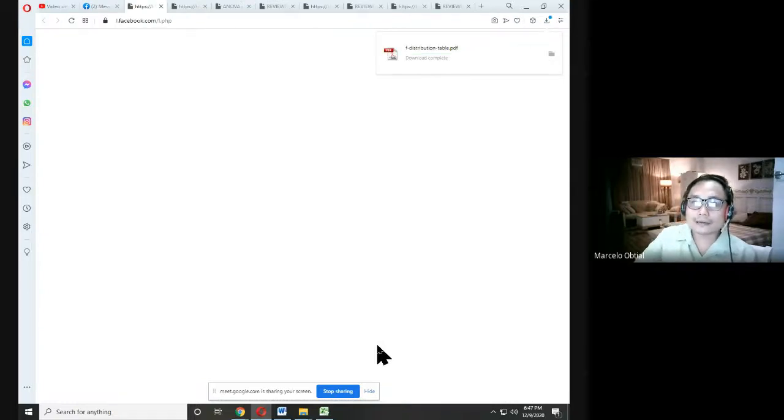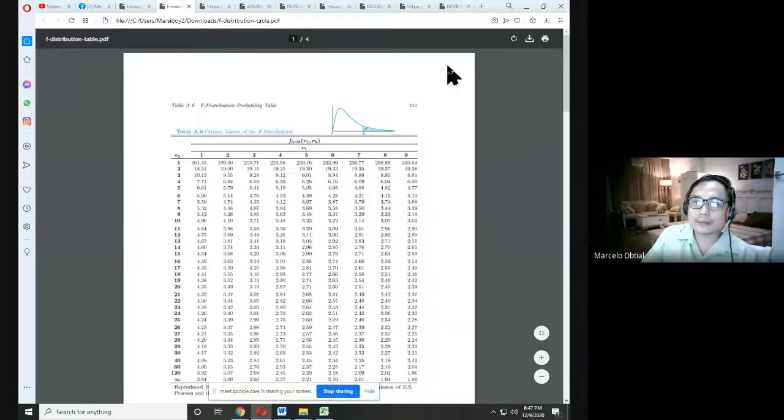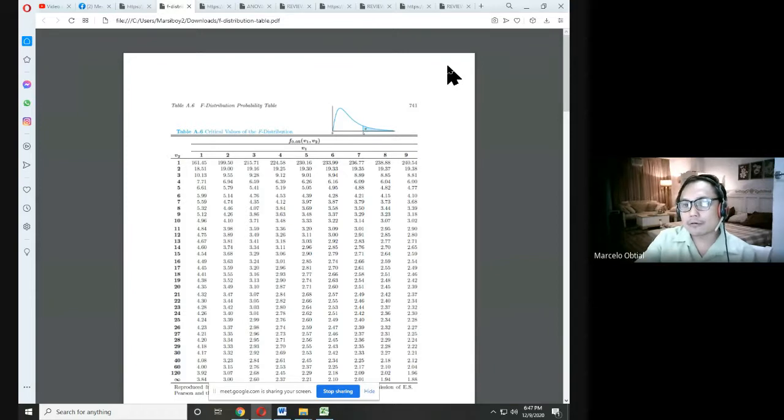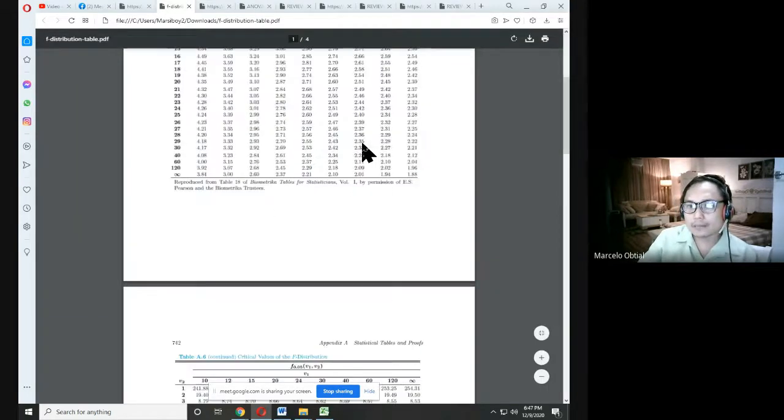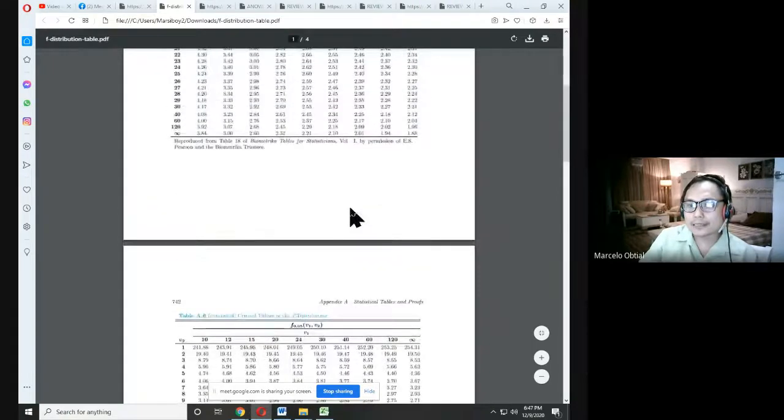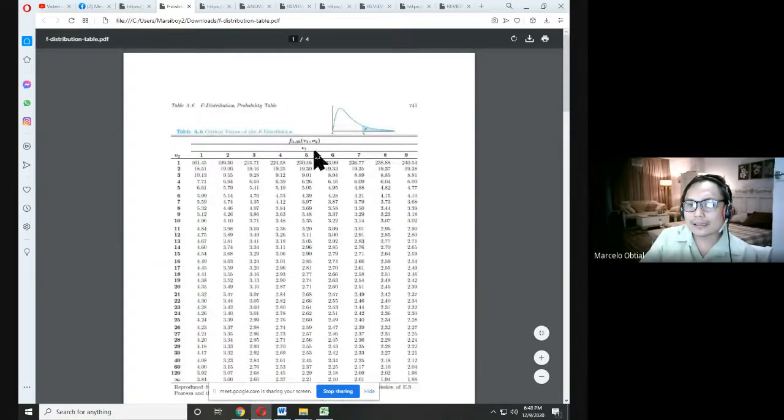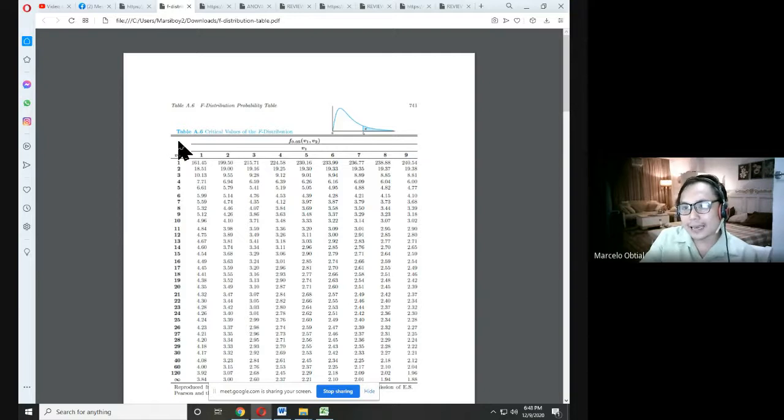So, kung meron tayong calculated F, meron tayong tabulated na F. Hindi na tayo gagamit ng Z distribution table or the T distribution table, but instead, we'll be using this table. Okay? So, as you can see, dalawa na yung given dito na degrees of freedom, V sub 1 at saka V sub 2. Remember, if you were computing the t-test, the t-distribution, isa lang yung V natin, which is n minus 1.